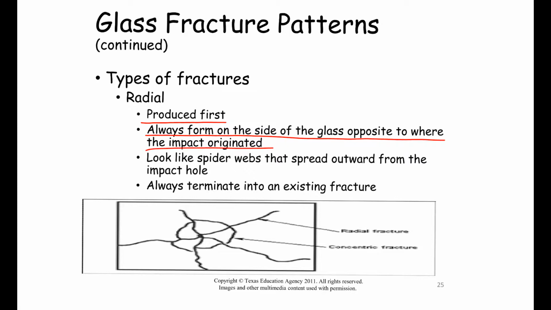So think of it this way. Here is my piece of glass. Think of it as a thick pane of glass, if you will. Let's say I have a bullet moving this way, and it's going to hit on this side of the glass. That radial pattern is going to form on the back end. So the radial pattern forms over here.